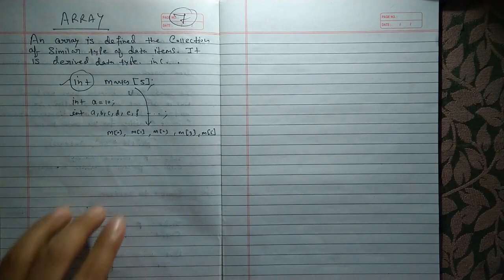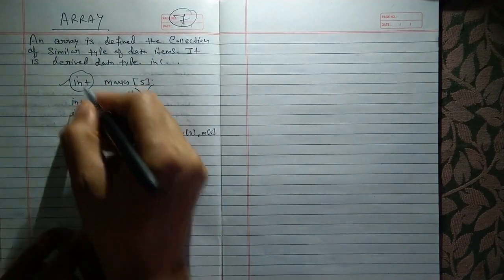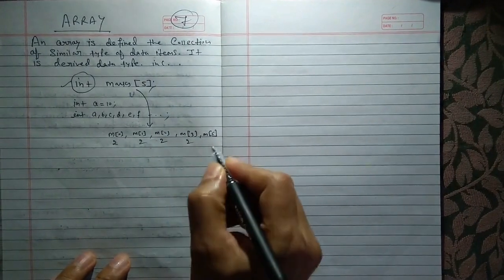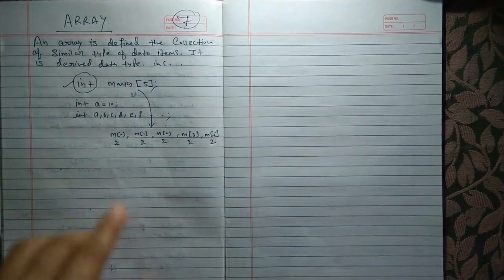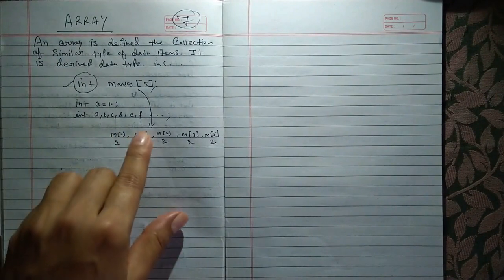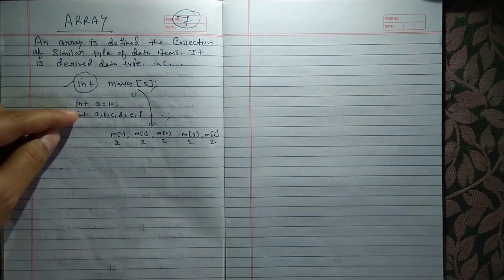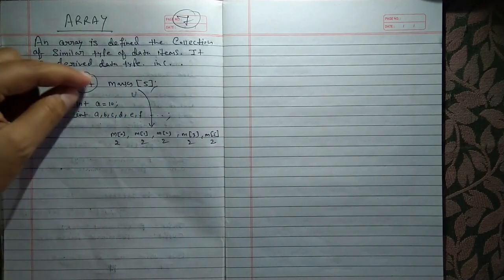Everyone is an integer, which means 2 bytes each. Each one will hold one variable. So instead of writing this, we are using this.